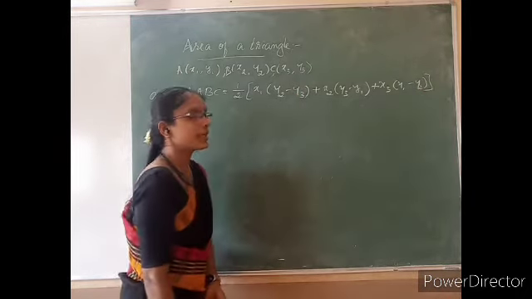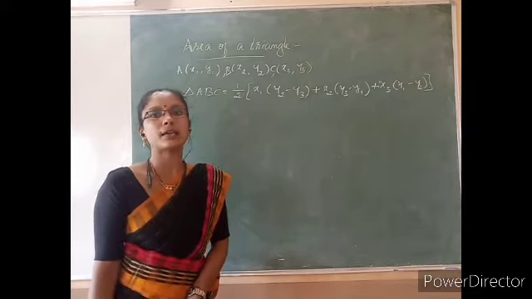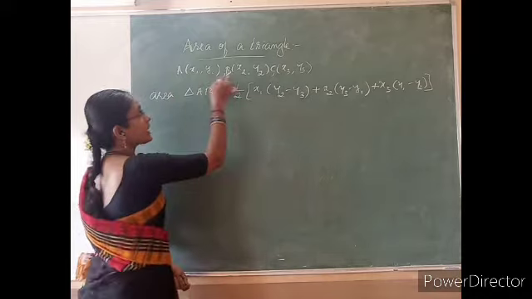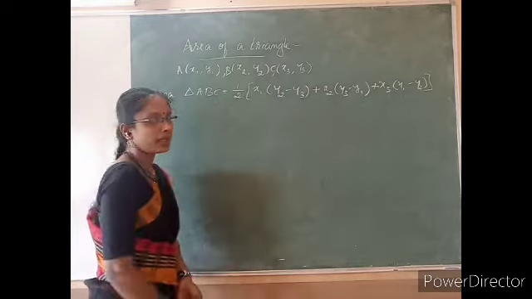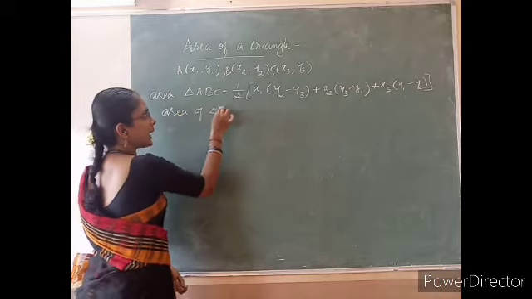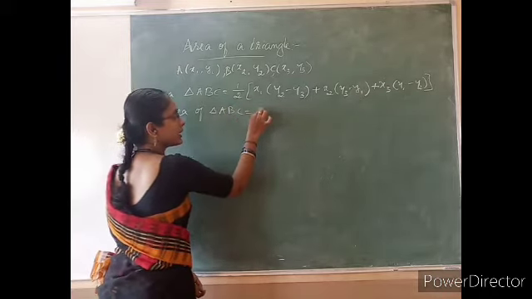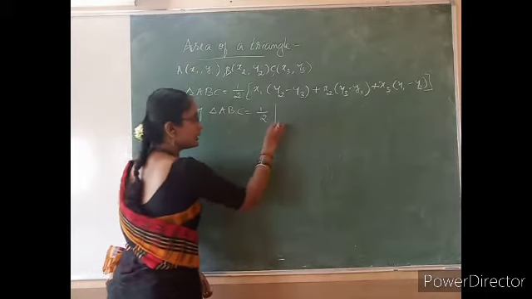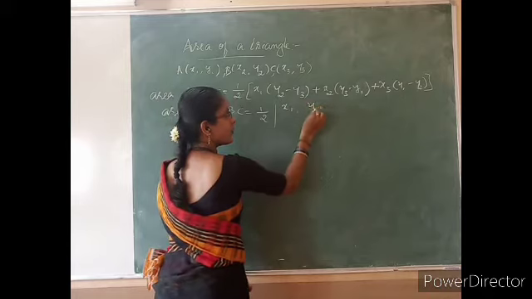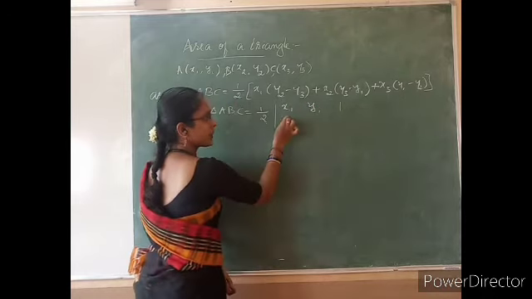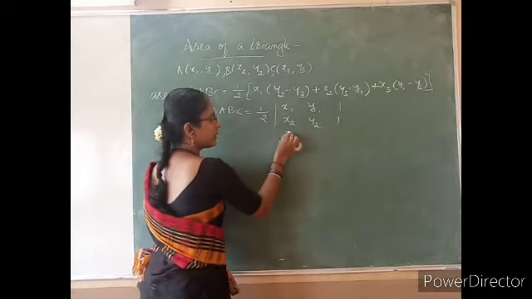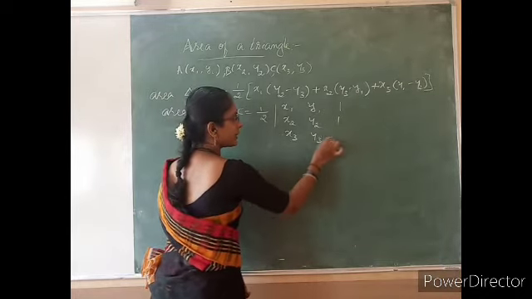Now, using determinants, we can easily find the area of a triangle. The formula is, if these are the vertices of a triangle, then area of a triangle ABC is 1 by 2 into determinant of x1, y1, 1, x2, y2, 1, x3, y3, 1.